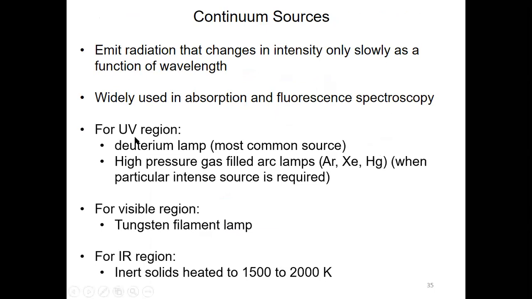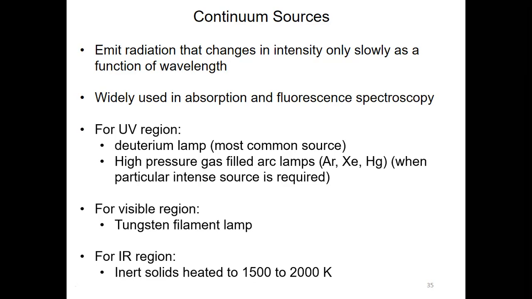These are examples. For the UV range, as the source we can use a deuterium lamp. That is the most common source that has been used. And also high pressure gas filled arc lamps like xenon arc, argon arc, and mercury can be used in the UV range.